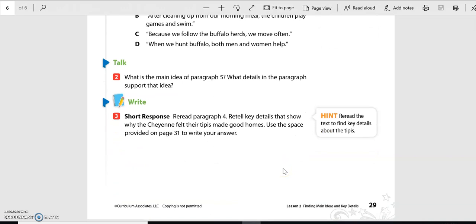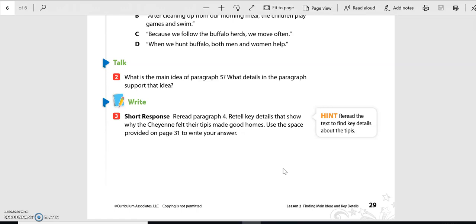So, on page 31, in the space provided for you, you can write your response. Ways to get you started: the teepees are good homes for people in the village. They can be made from the things that Cheyenne have. They can be taken down and moved quickly. This is important because the people follow the buffalo herds, which they hunt for food.